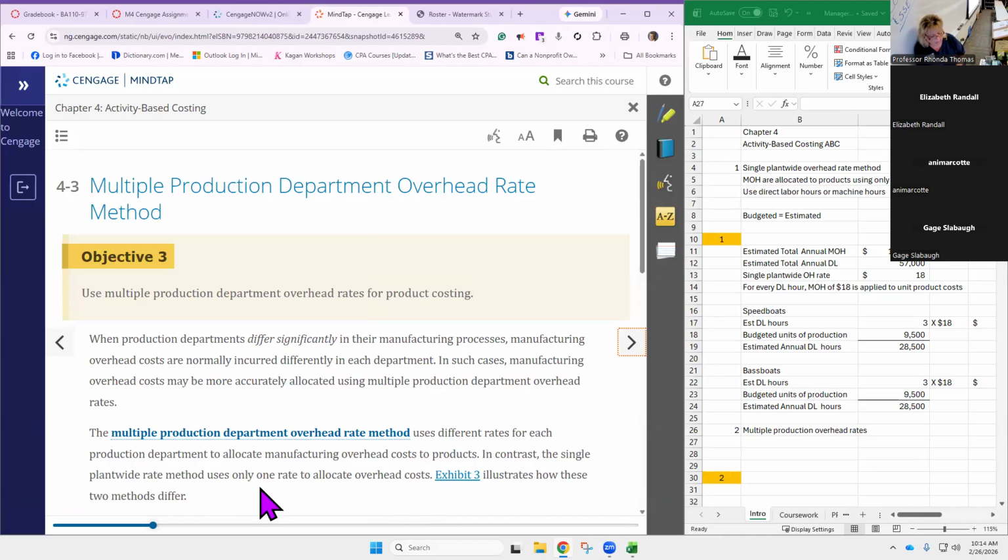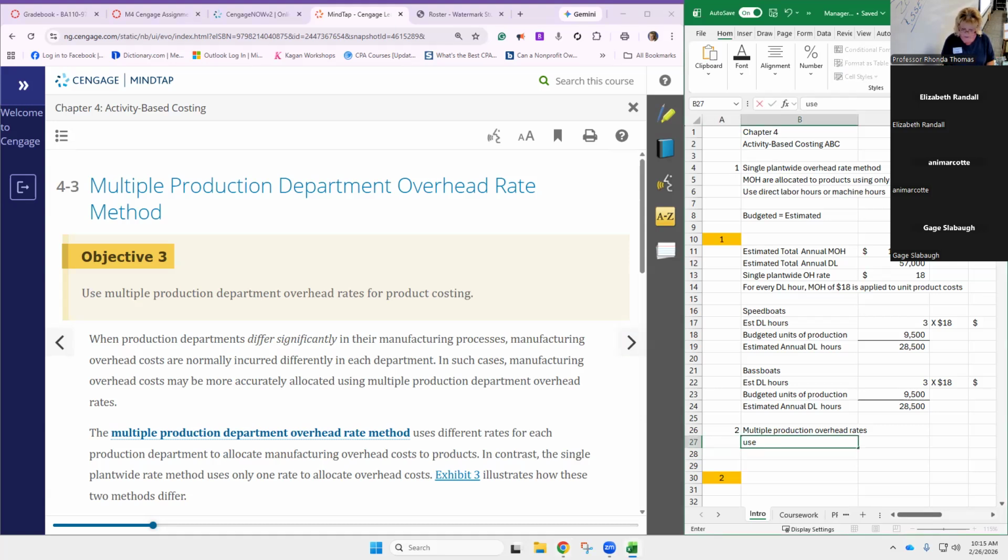In contrast, the single plant-wide rate uses only one rate to allocate all overhead costs. So you're going to find out that sometimes departments don't match up equally with how much overhead they should be carrying. All right, so let's go ahead and put this explanation here.